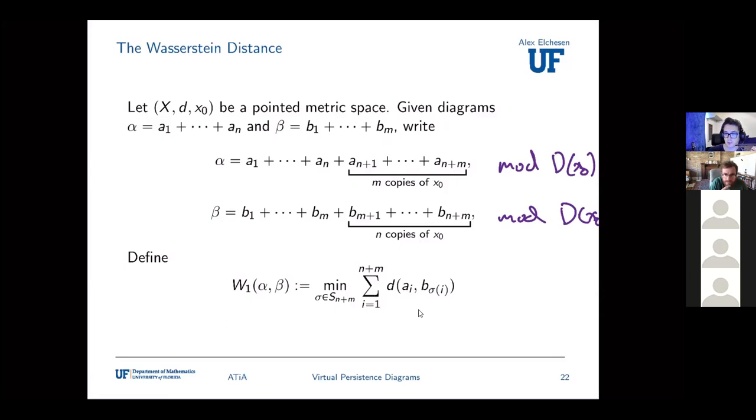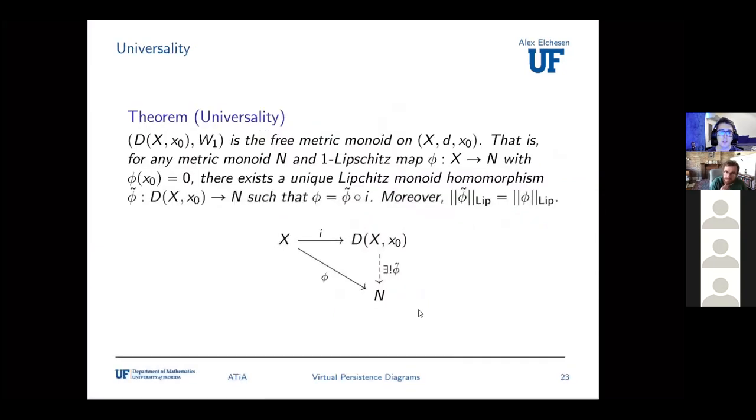Think of x naught as representing the diagonal, to pad out these two diagrams so that they have the same number of points, and then we find a matching and minimize this cost over all possible matchings. You could also define the p Wasserstein distances, but for simplicity, I just define the one Wasserstein distance.